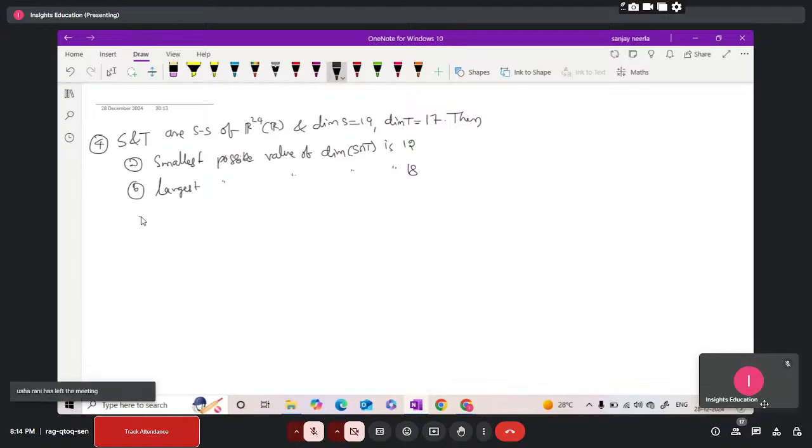And the next one, C, the smallest possible value of dimension of S plus T, linear sum of S and T, is 19, and D, the largest possible value of S plus T is 22. Which one is the correct answer? Answer please.